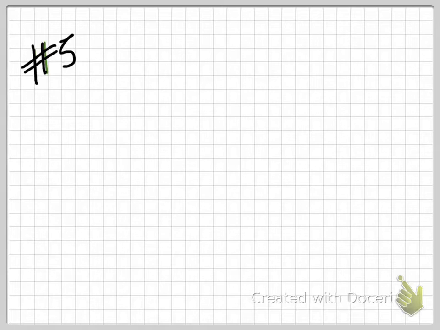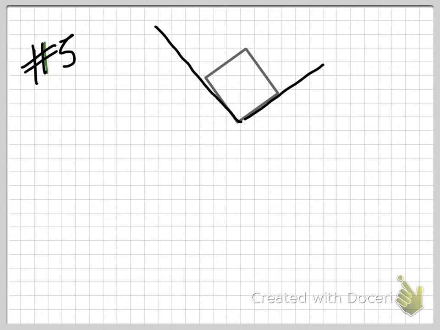This is for the 5 worksheet. And I'm going to do this handy little trick of making a box to get myself a square angle, because otherwise I'll screw it up. So we know that we have 2 forces of tension that are not equal. And I think the angle here is given with the ceiling.